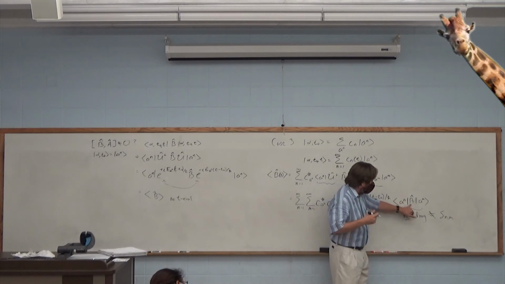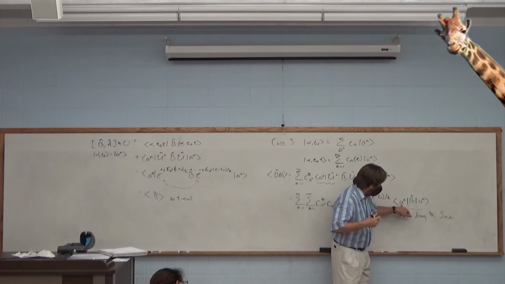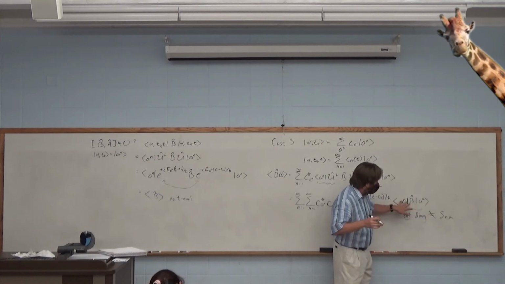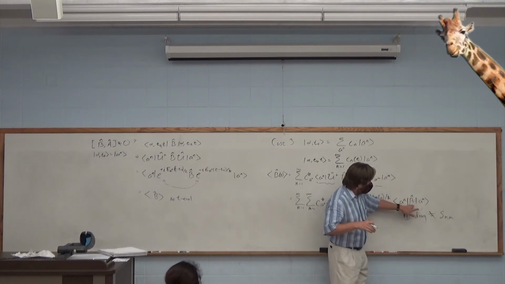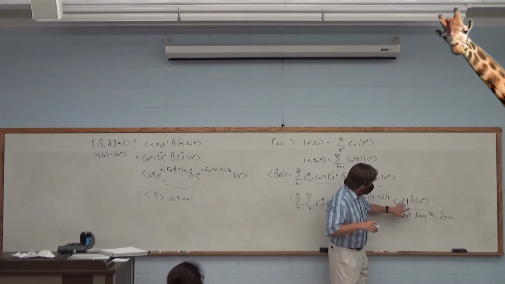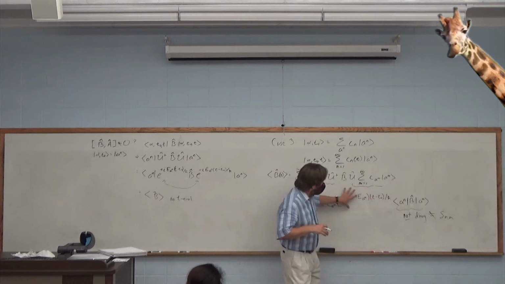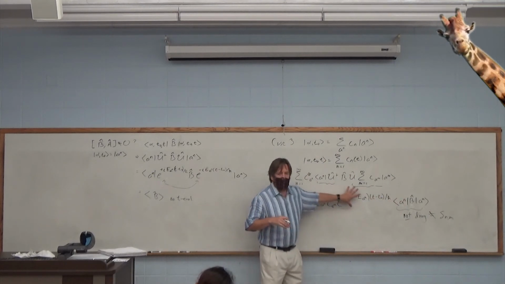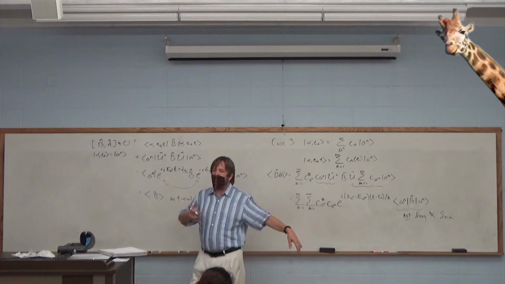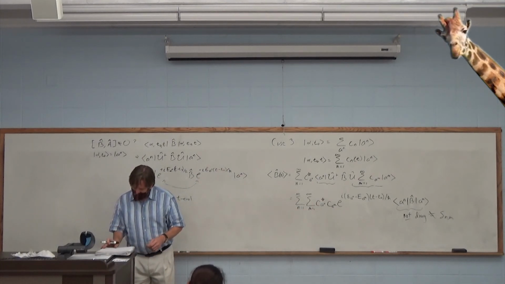If this was Sz, plus is okay, minus is okay, but plus minus and minus plus are not okay. But if this is Sx, then plus minus and minus plus are okay. Now that means that this term will survive in a not zero state, e to the 0 versus 1.